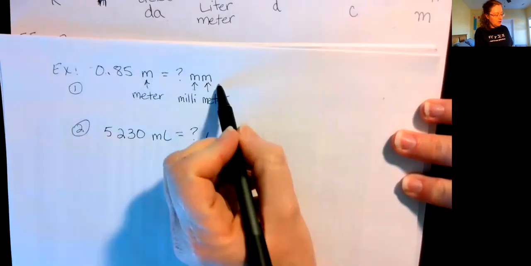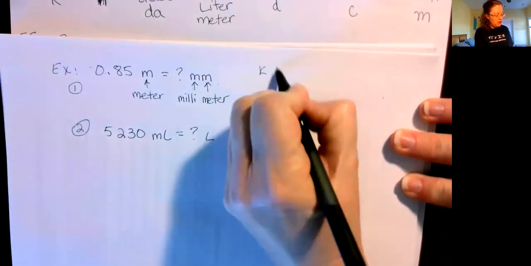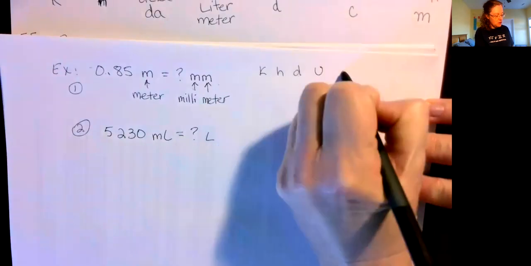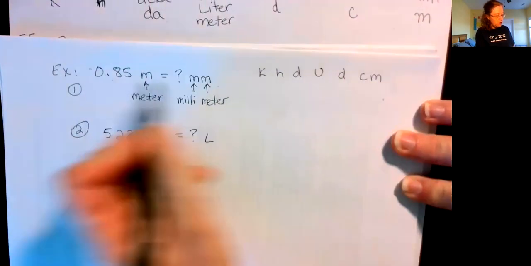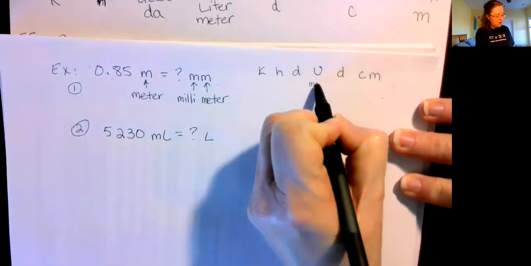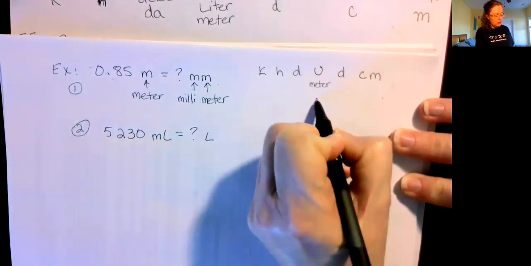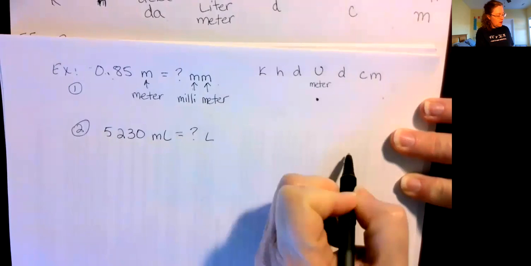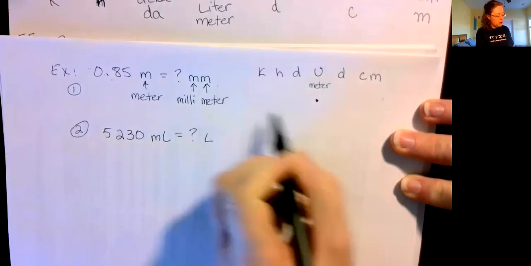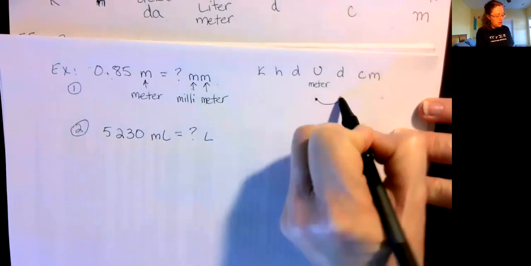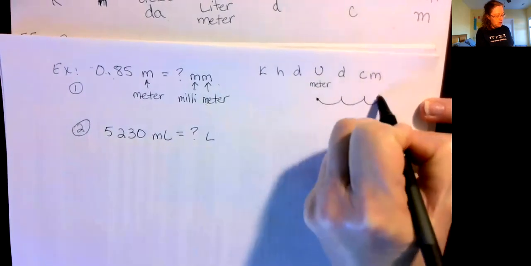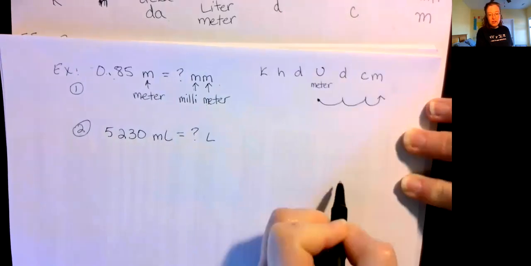The goal then will be to do King Henry died upstairs drinking chocolate milk. My decimal is starting directly under the U for the base unit. And then it's going over to the little m for milli. So one under the D, one under the C, and ending up underneath the little m for millimeter.